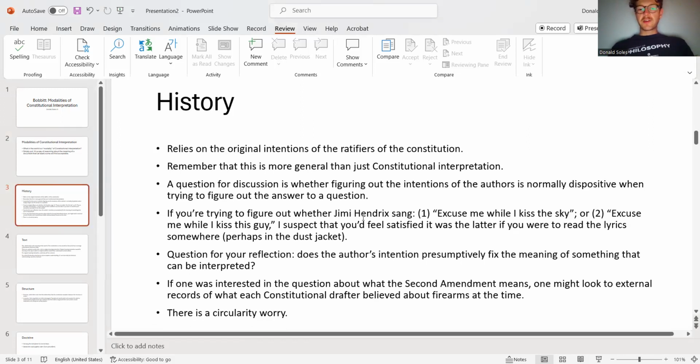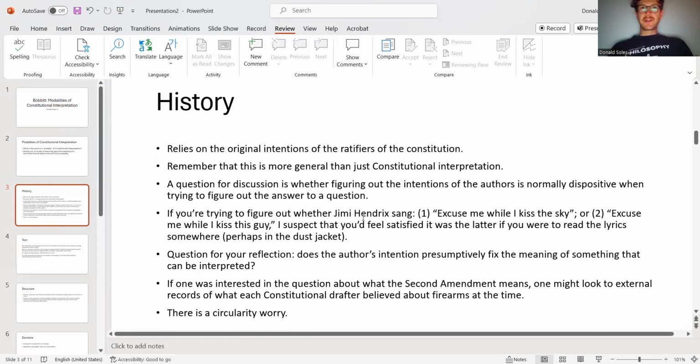Arguably, though, you can apply these kinds of interpretive arguments to more than just the Constitution and laws. You can apply it to all sorts of mediums of communication. You can apply it to song lyrics. I've thought about the ambiguous lyric from Jimi Hendrix, where some people hear him say, "Excuse me while I kiss this guy," or "Is it kiss the sky?" You know, I'll leave it for you to look up if you don't already know, but people have thought it to be ambiguous.